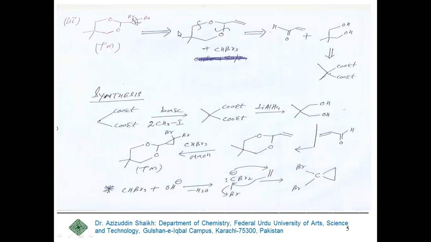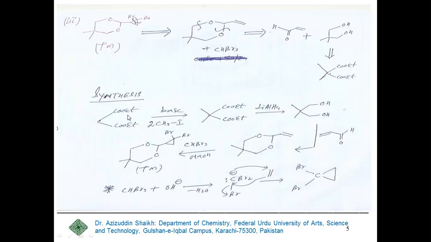The two-disconnection approach, in which the cyclopropane ring is disconnected into a double bond and tribromomethane. This is ketal formation, just like acetal or ketal formation, from a ketonic group and a diol. The diol is converted into ester.